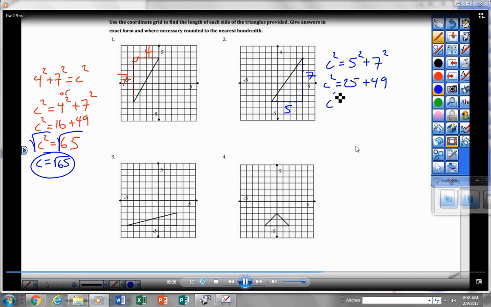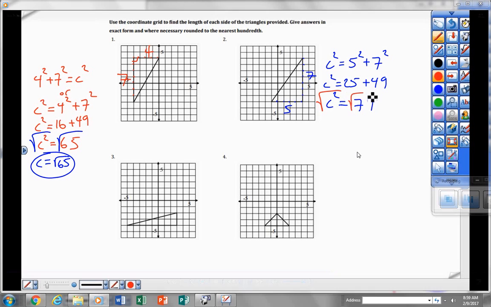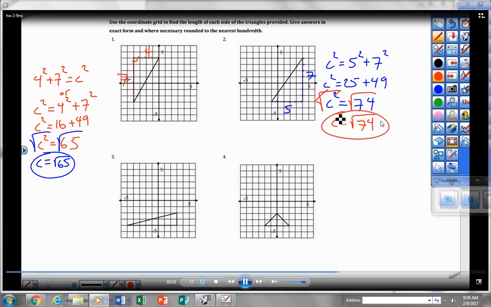That gives me a number that cannot be square rooted, I believe. It doesn't have a perfect root in it, so I leave that alone. It's going to be 74. Square root both sides. The square root and that 2 cancel away and just leave me c. And that answer is root 74, which I leave there because I cannot reduce or simplify that.